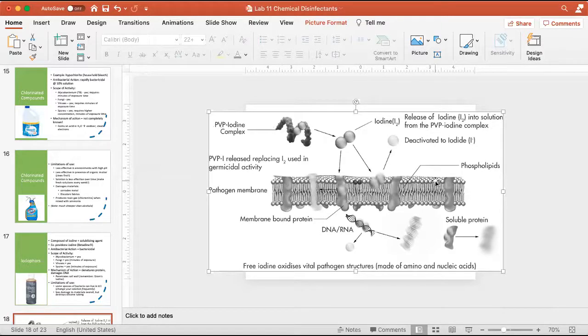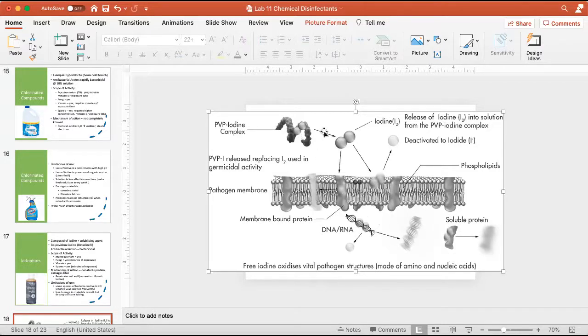You can see the heads and the tails and the heads of the bilayer of membrane. These structures represent proteins in the membrane here and here. And then if you come inside the cell, you can see a representation of the DNA here and some more protein here.